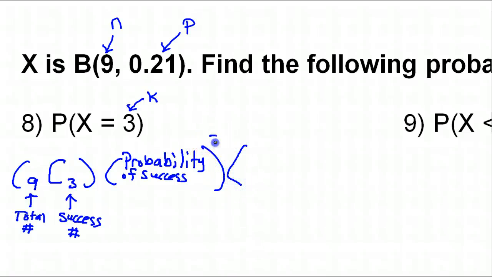Now this power is going to be 3, because that's the number of successes. So probability of success, and here we put the number of successes. And now here we put the probability of failure.